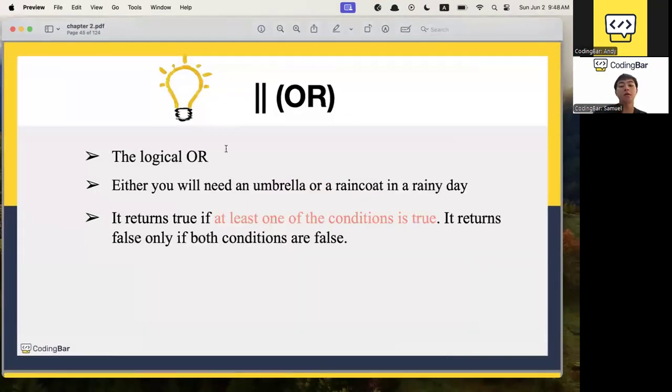OR is actually similar to that, but the calculation is different. For OR, for example, you need an umbrella or a raincoat on a rainy day. That means if either condition is true, this expression will output true.